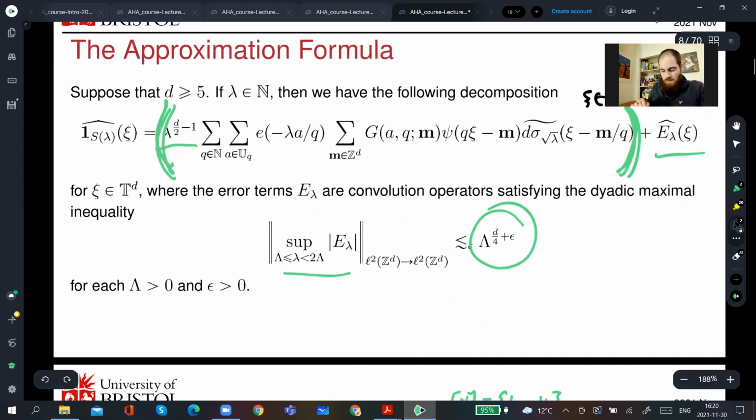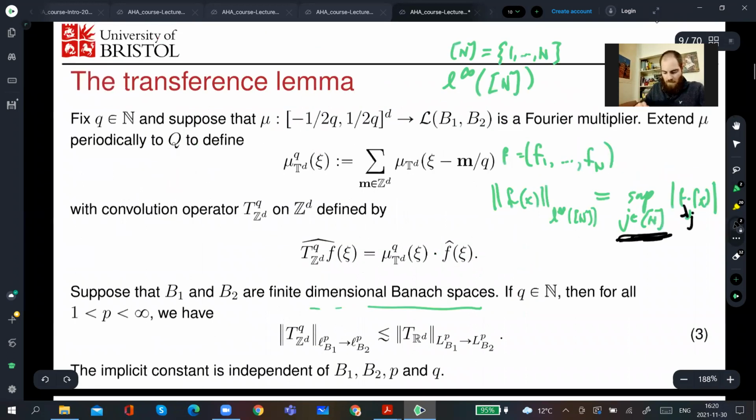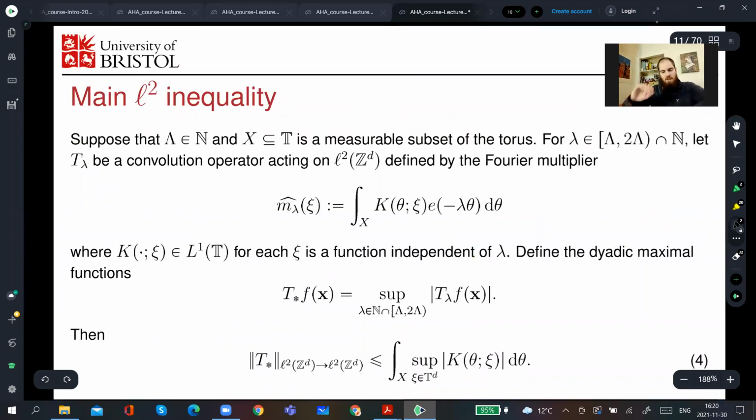Great. So let me remind you of that main L2 inequality that we're going to use in conjunction with the transference lemma. This is going to be how we bound the error terms.